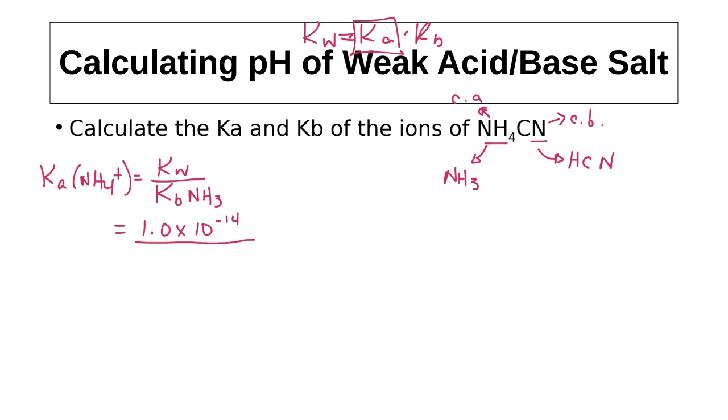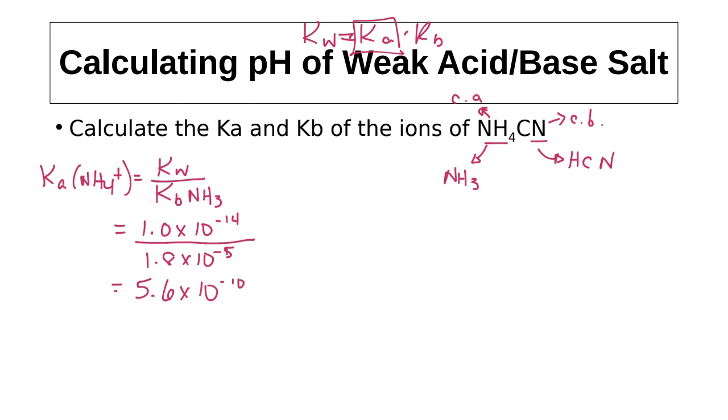And the Kb for ammonia, you go off to your data booklet and you will find, is 1.8 times 10 to the negative 5. So when we do the math and rearrange that, we get a Ka value of 5.6 times 10 to the negative 10.